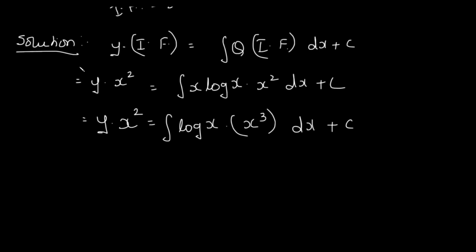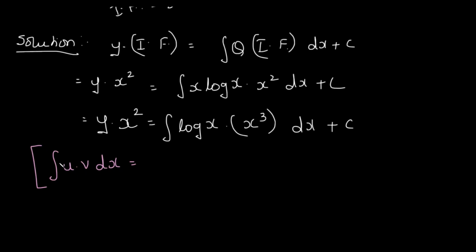Now LHS remains as it is, but what about the RHS? How to solve the RHS further? Now you observe over here that this particular expression is of the form u into v, isn't it? So integral u into v dx. So we use the product formula for integration.